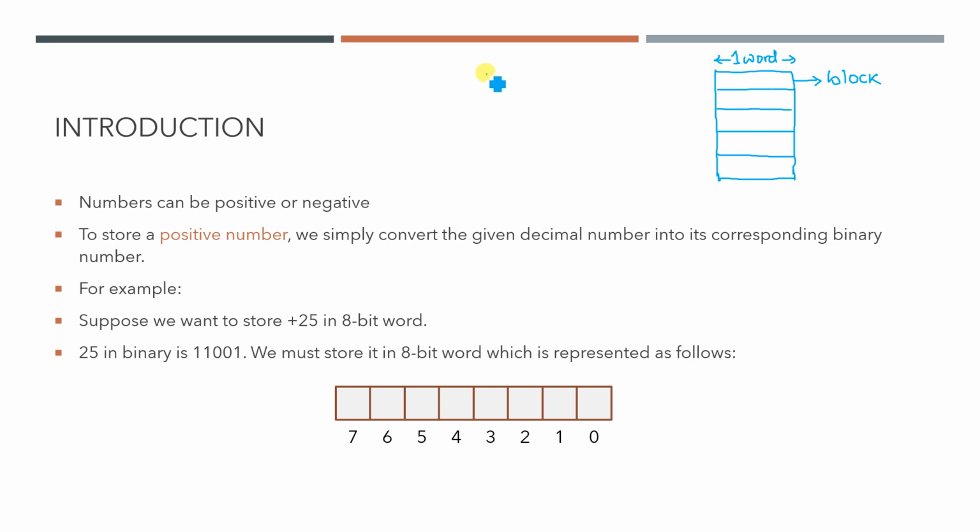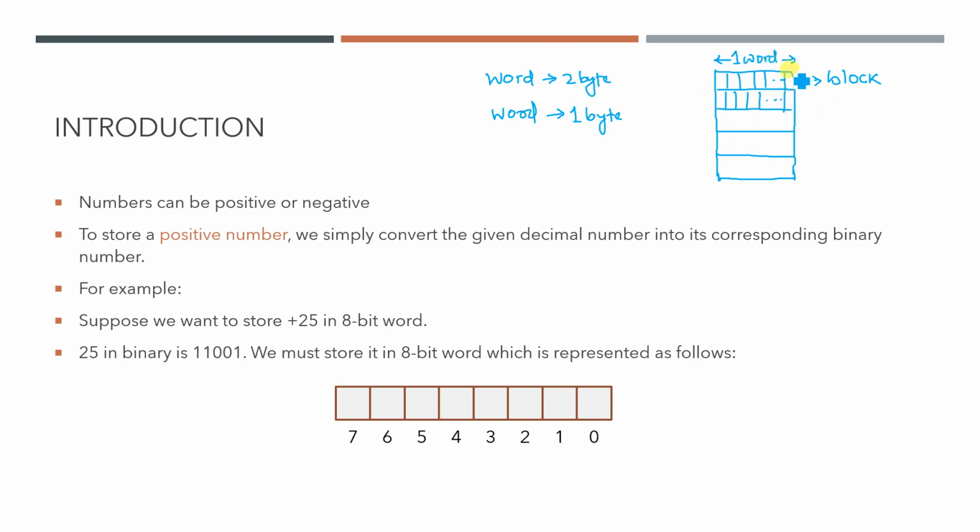So the word value can be sometimes a 2-byte word, sometimes a 1-byte word. If it is 2-byte, it means you can store 16 bits of information in that particular block. Similarly, if it is a 1-byte word, then you can store 8 bits of information in that particular block.